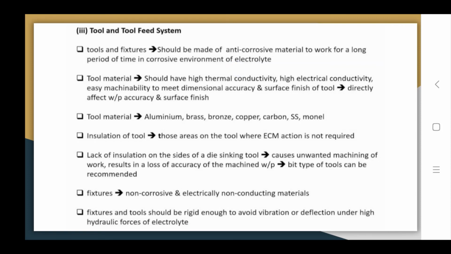Also, easy machining of the tool material is equally important because dimensional accuracy and surface finish of the tool directly affect the workpiece accuracy and surface finish. That point we should take into account.